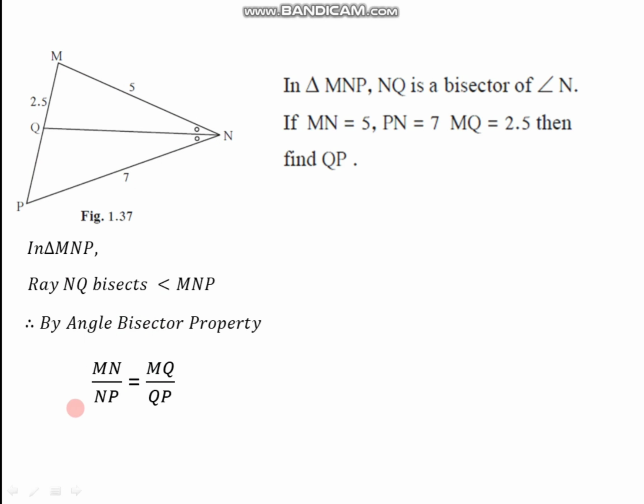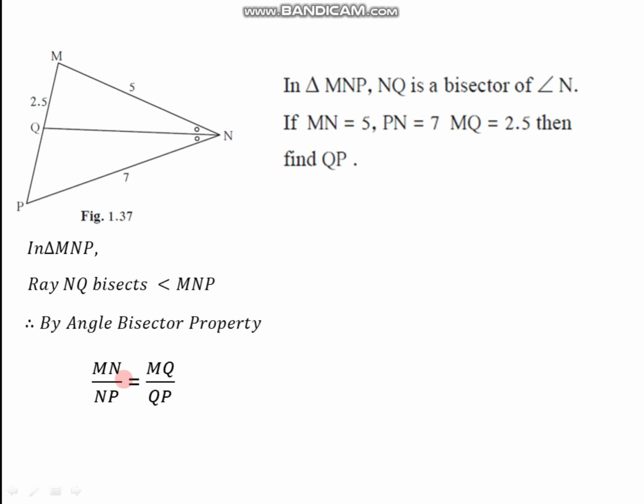One thing we should note here is that we have taken the ratio MN divided by PN, so it must be equal to MQ divided by PQ. We cannot take PQ divided by MQ because that will not be the same proportion as MN divided by PN. So if we take MN in the numerator for the first ratio, in the second ratio we should take MQ in the numerator. So we have this ratio MN by NP is equal to MQ by QP.